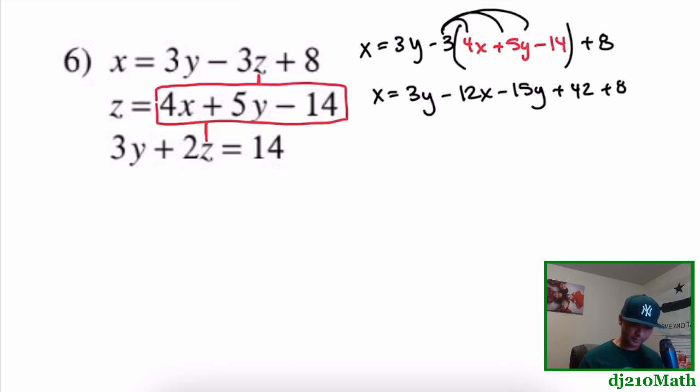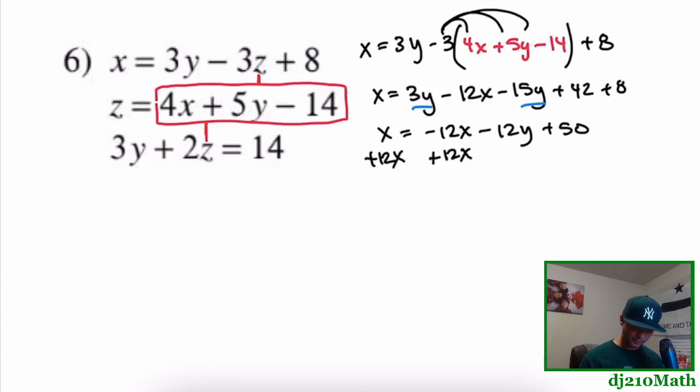Let's clean this up a bit. Combining the things that are like the y's. So x is equal to negative 12x minus 12y plus 50. Okay, what I want to do, let's move the 12 over.